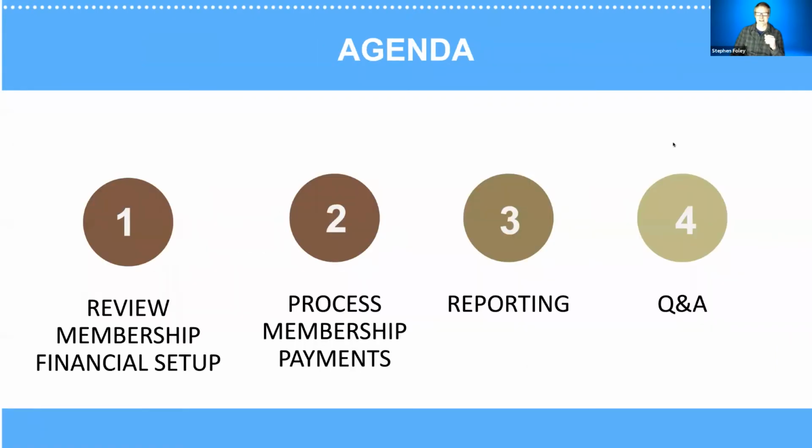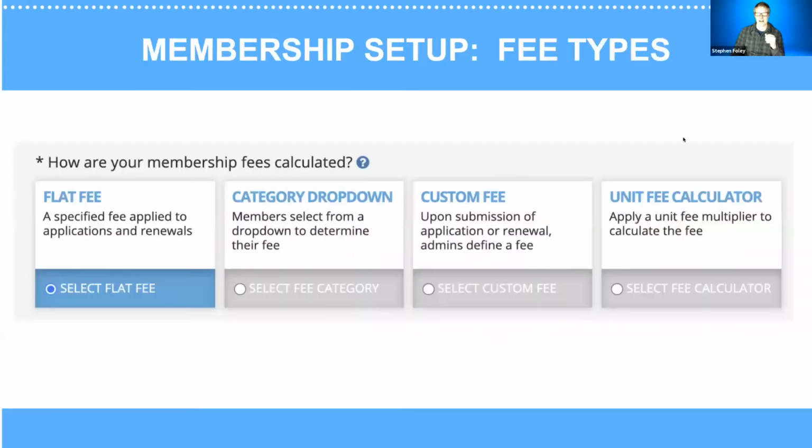Because today is a focus on the financial aspect of membership, we're really going to keep it centralized to the financial settings in the membership categories that you offer. We're going to focus on looking at 4 different categories that use different fee structures, so different ways of charging the membership fee.